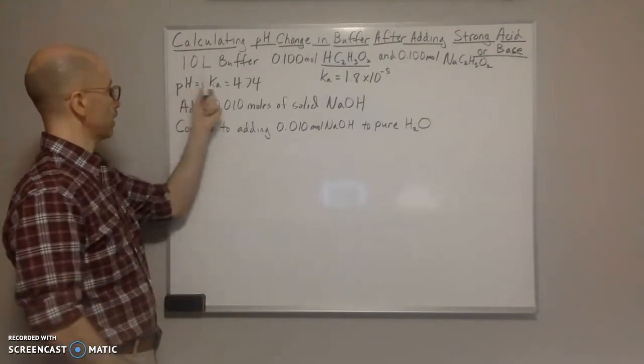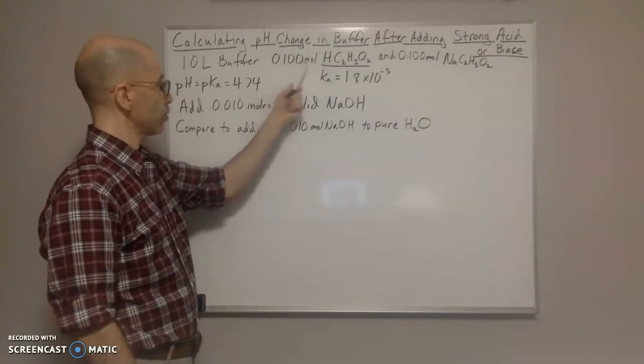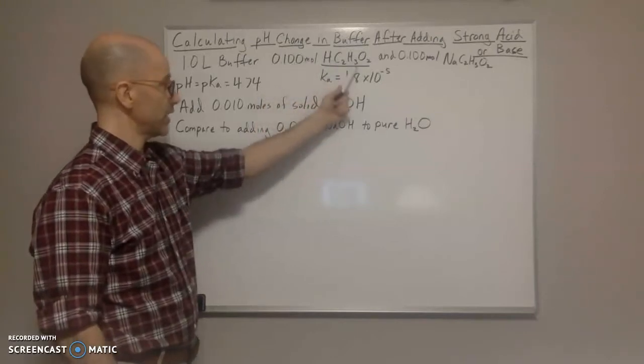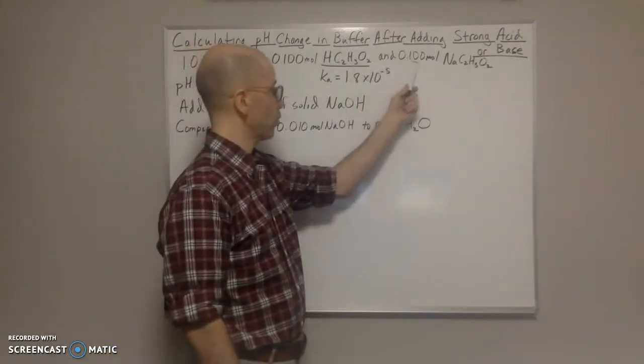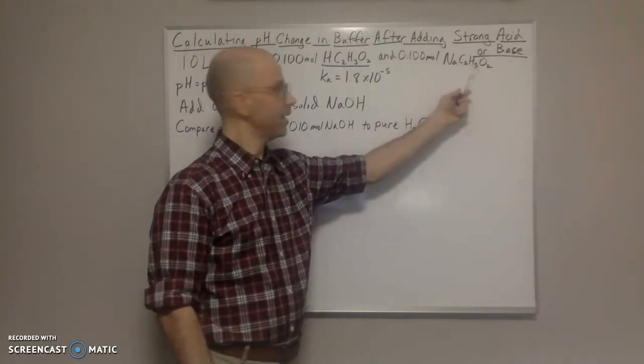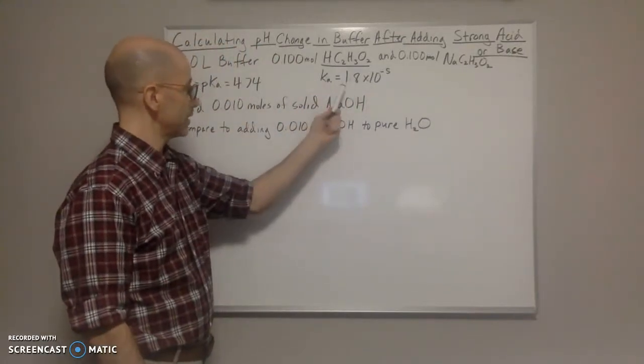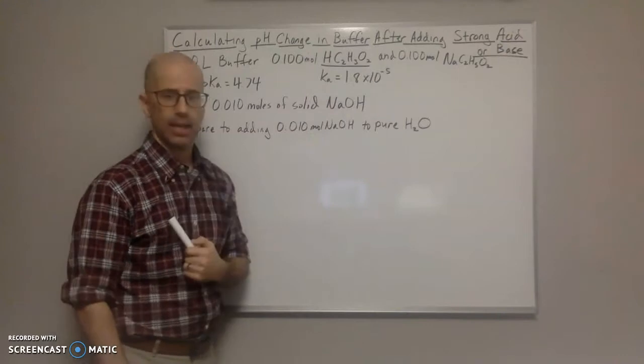So here's the information we're given. We're given 1 liter of buffer with 0.100 moles of acetic acid and 0.100 moles of your acetate ion. The Ka value for acetic acid is 1.8 times 10 to the negative 5.